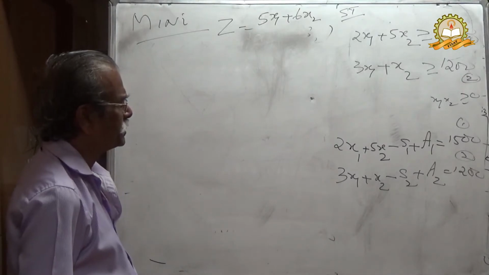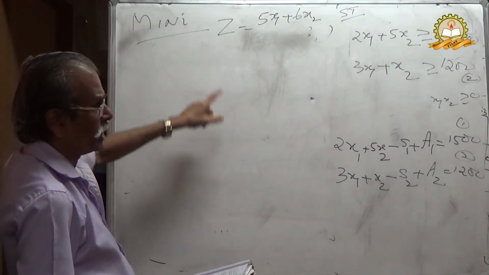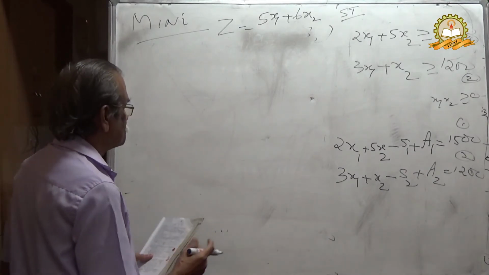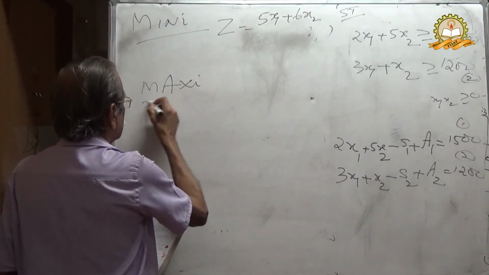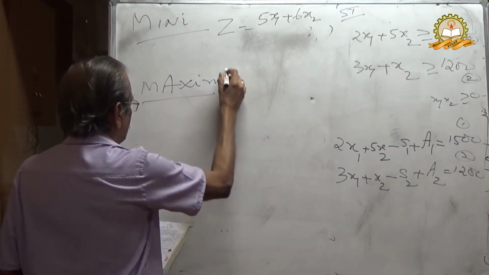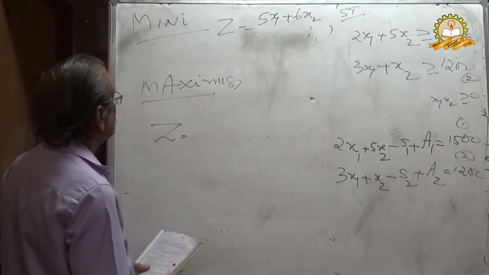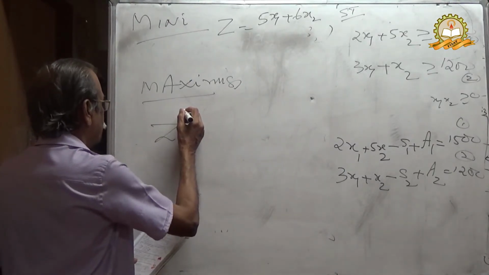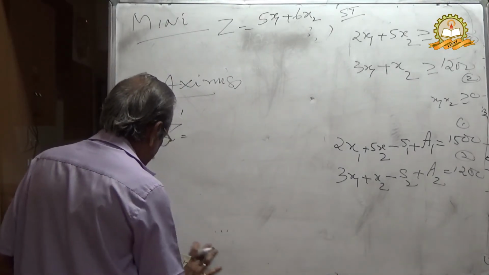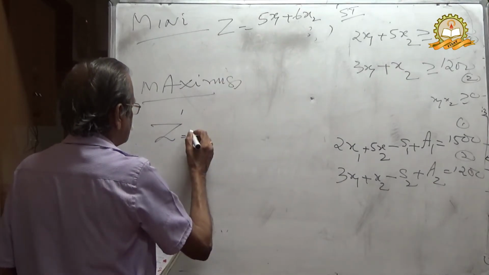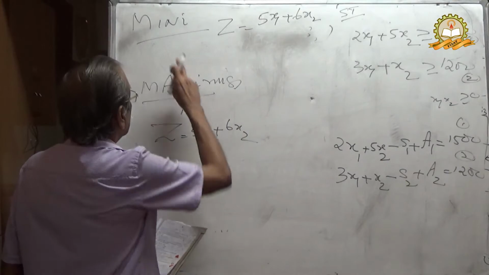Here the question given is minimum. I am changing it into maximization. Therefore, you can write maximize z dash equal to 5x1 plus 6x2.